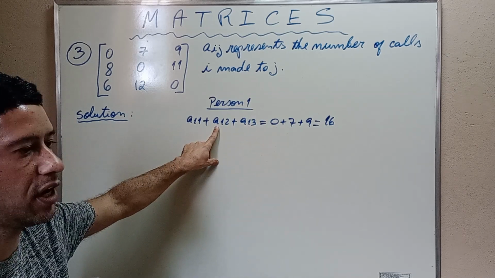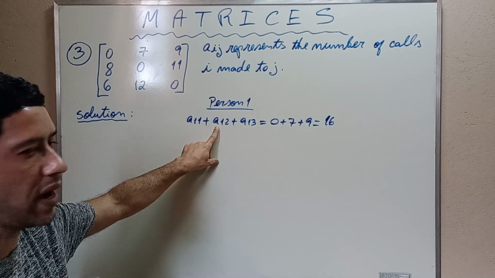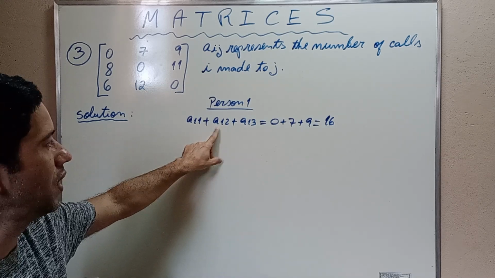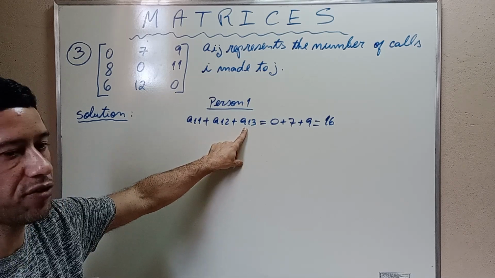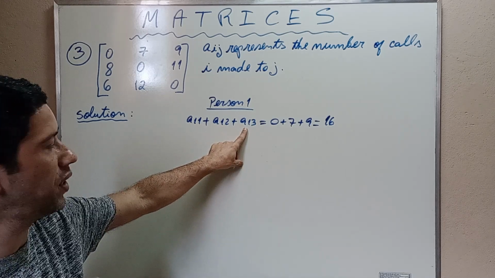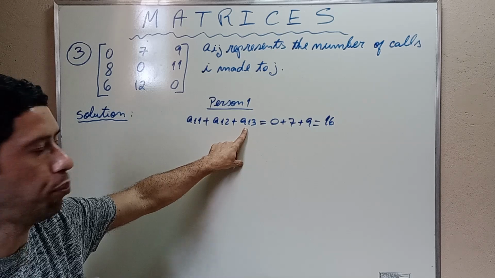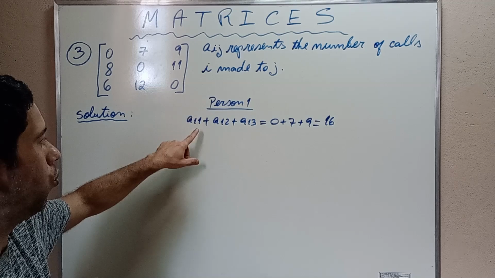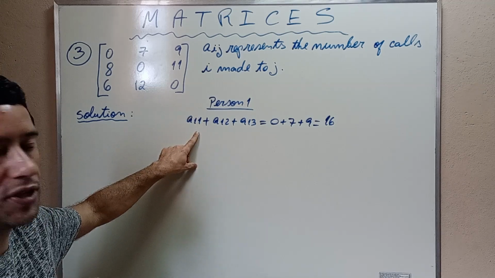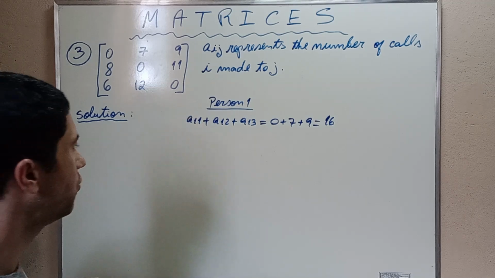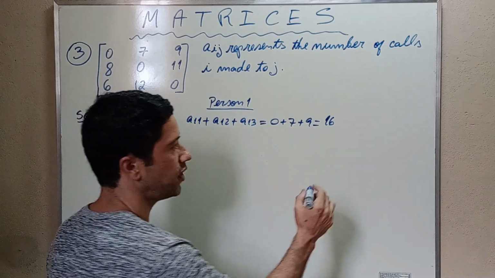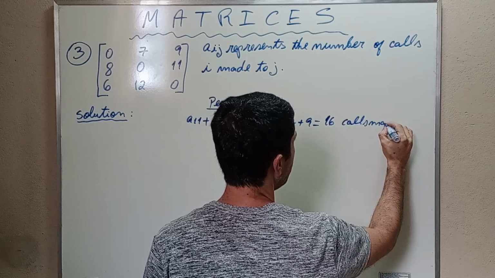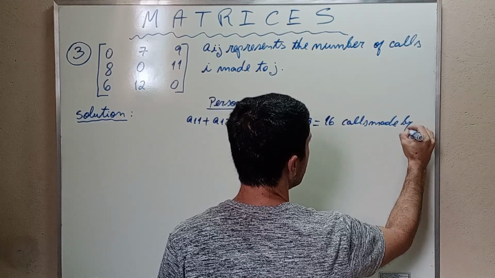A12 represents the number of phone calls made by 1 to person number 2. And A13 represents the number of phone calls person number 1 made to person 3. So, person 1 called 16 times. So, this number represents calls made by 1.